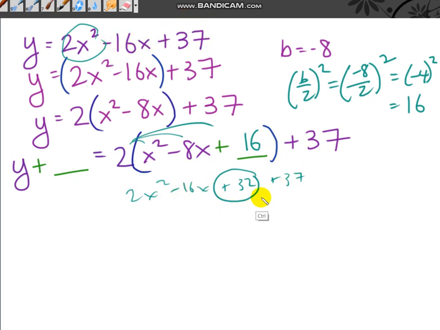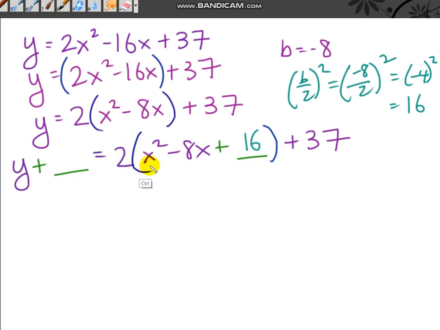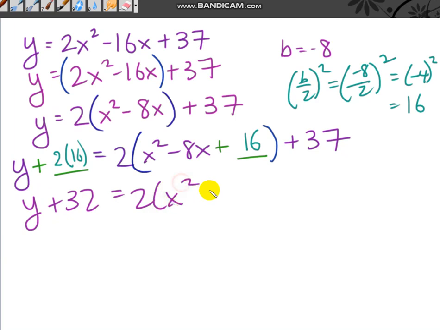We have an extra 32 that is not accounted for. So what goes in this blank is 2 times 16. So 2 times 16, this is y plus 32 equals 2 times x squared minus 8x plus 16, plus 37.